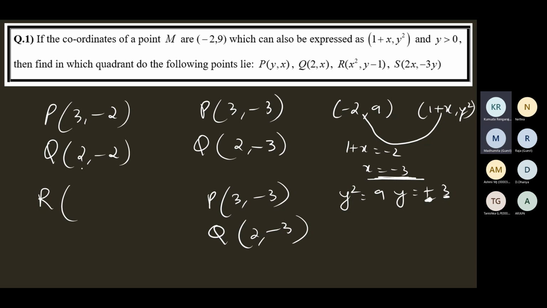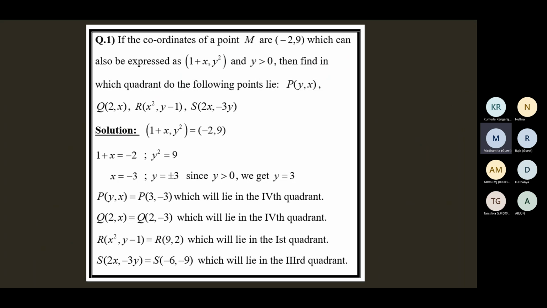No, you don't have to be sorry for anything. Because I was just squaring minus, I wrote minus 9. Yeah, x square is 9. Minus 3 into minus 3 is 9. 9 comma 2, ma'am. And Danya's s? Minus 6 comma minus 9, ma'am. Very good.